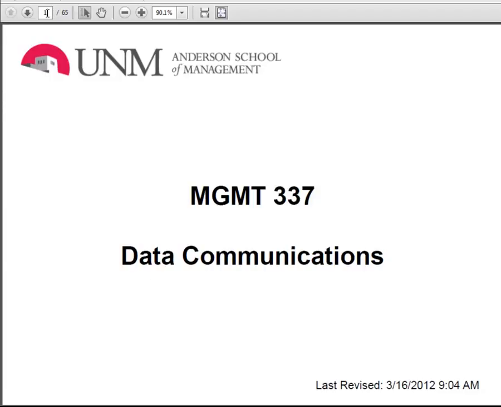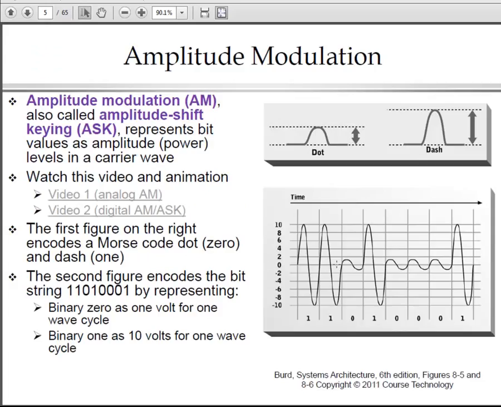So we're going to stick with amplitude modulation for the moment because it's actually a fairly easy one to describe. And the example on slide 5 that we had discussed of amplitude modulation with a single bit value encoded in each wave cycle used 1 volt to represent a binary 0 and used 10 volts to represent a binary 1.